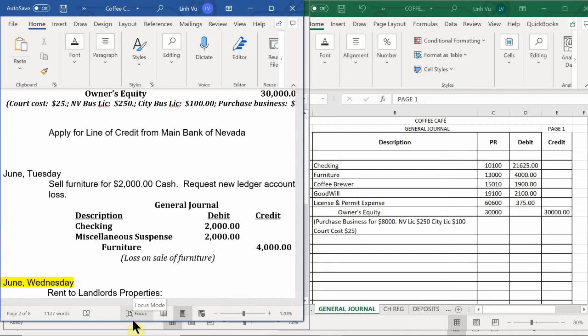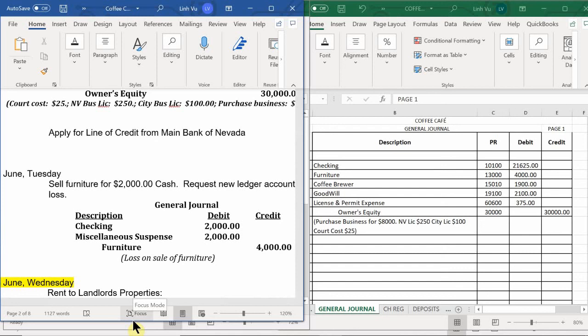But I take that furniture and sell it to whoever wants to purchase it, and I only received $2,000 for it. So what do I need to recognize? You lost $2,000.